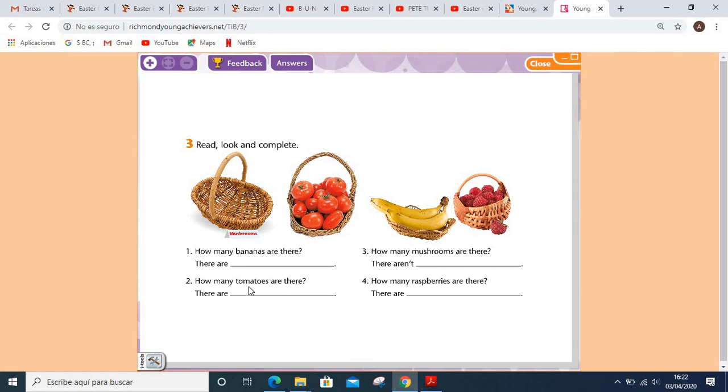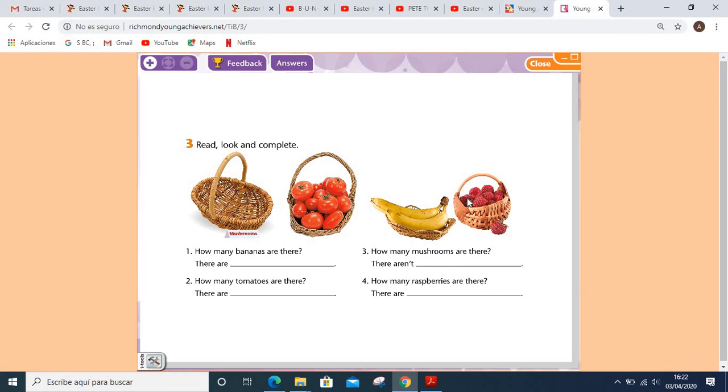Number 2 says, how many tomatoes are there? There are a lot, there are a few, or there aren't any. Here you have a hint, there are. How many mushrooms are there? There aren't. I'm not saying anything. How many raspberries are there?